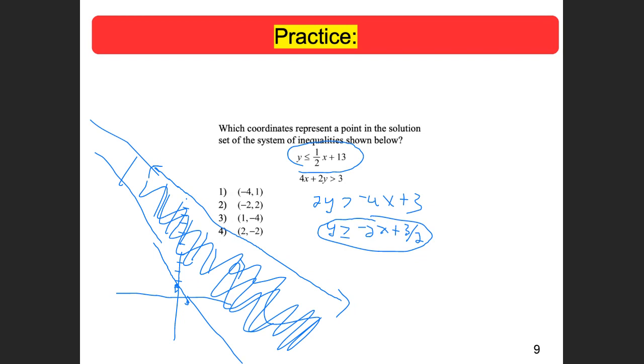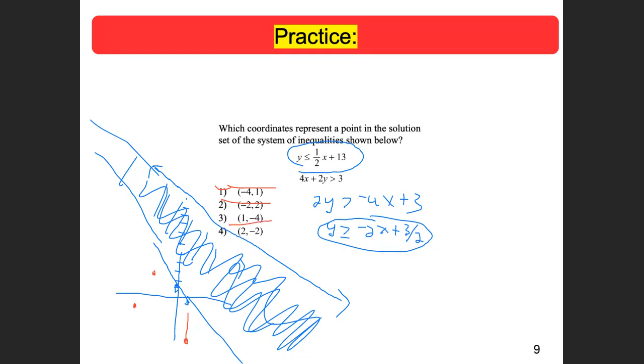I'm not sure this is going to help me, but it gives me a visual of what it's going to look like. So -4, 1 does not look like it would be in there at all. -2, 2, it might be, but it doesn't look like it. 1, -4 would be down here.